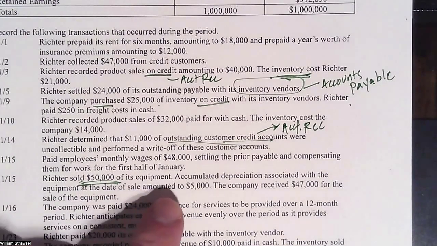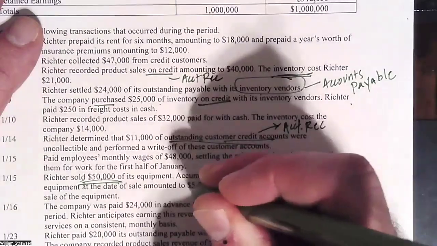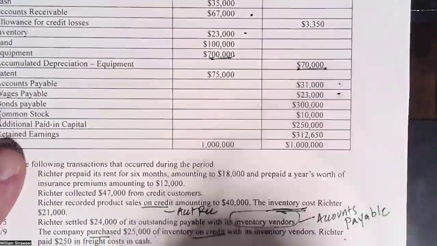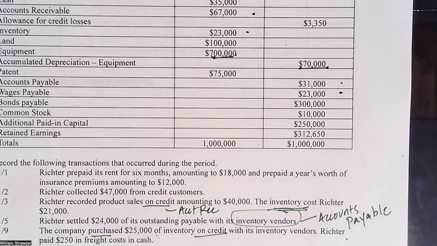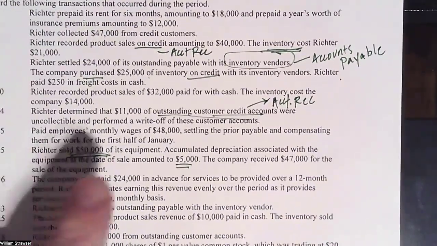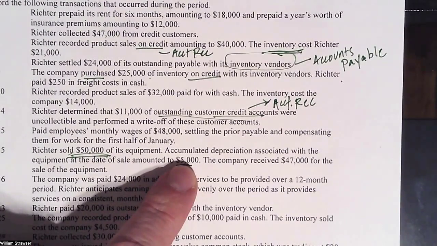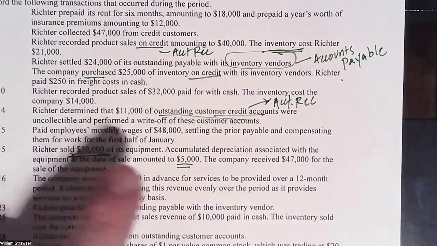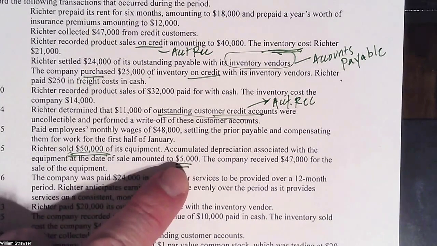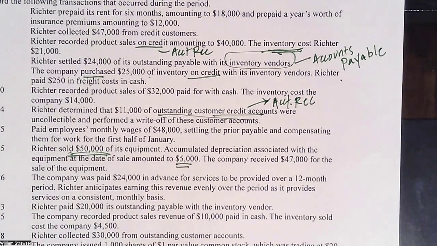The accumulated depreciation up to that point amounted to 5,000. So we need to get rid of any amount of accumulated depreciation, which, hey, it's some of this here, not all of it, but a portion of it, 5,000 of the 70. Once we get rid of the asset, which has accumulated depreciation associated with it, we not only have to credit the asset, but we should also get rid of the accumulated depreciation, because if we get rid of the asset but not the accumulated depreciation, we have a bit of this account that means nothing now because the asset that it was tied to has been sold.